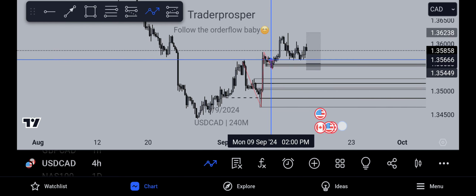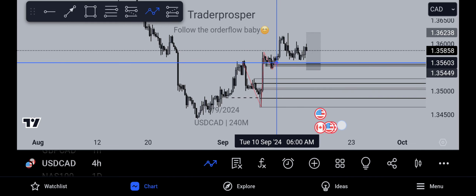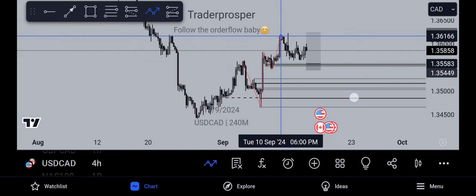But this inducement has a structural liquidity within it, so it's just likely going to hold. Okay, but then we just wait and see.